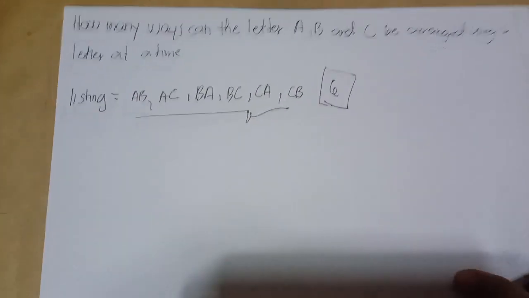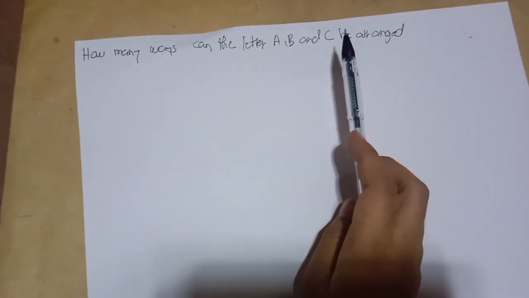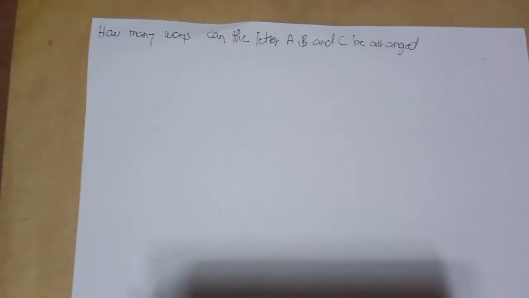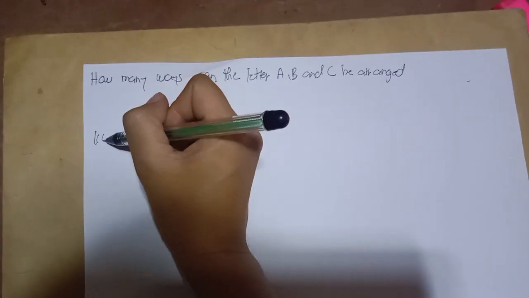And the next example is, how many ways can the letters A, B, and C be arranged? We also need to use the method of listing.